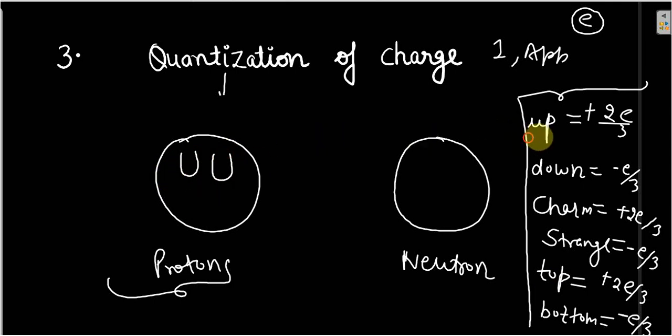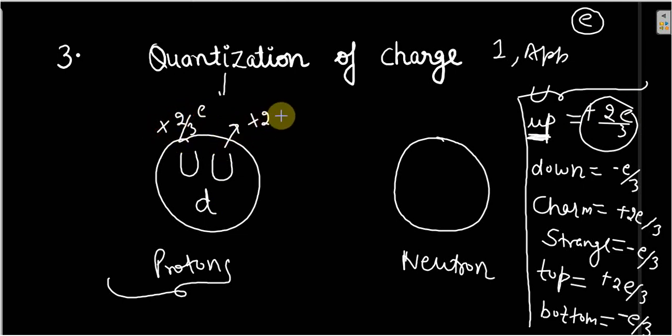We will represent up by u. Two up particles and one down. So what is the charge on an up particle? 2 by 3e positive, 2 by 3e, and on the down particle it is minus 1e by 3.